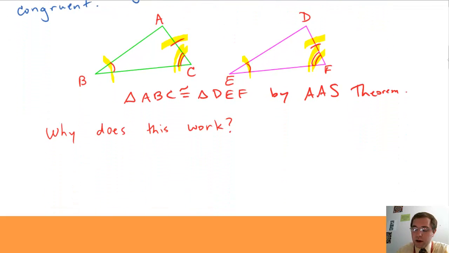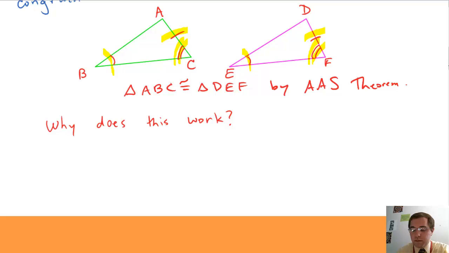Now let's think about why this works. I said we could prove it from one of the other postulates we have, and I think it most directly follows from the angle, side, angle postulate, because the triangles only have 3 angles, right?